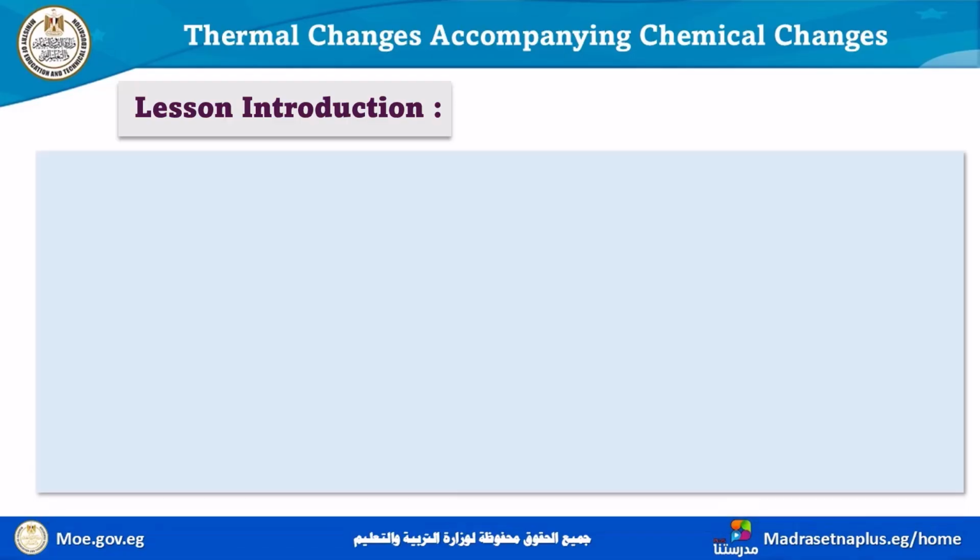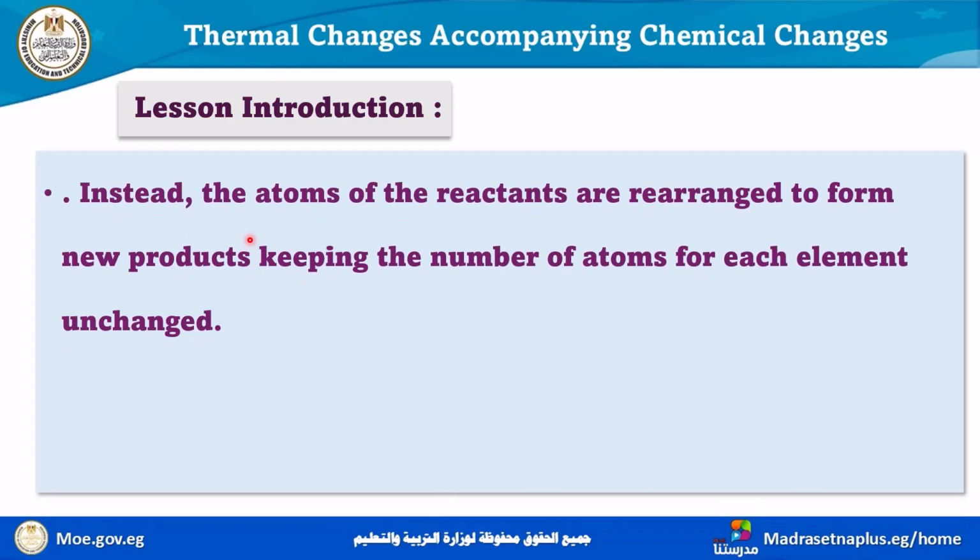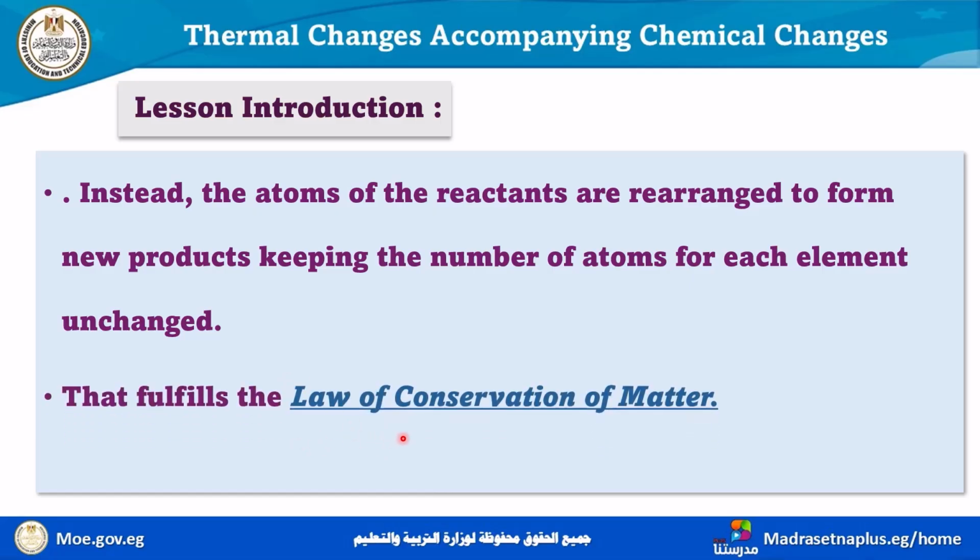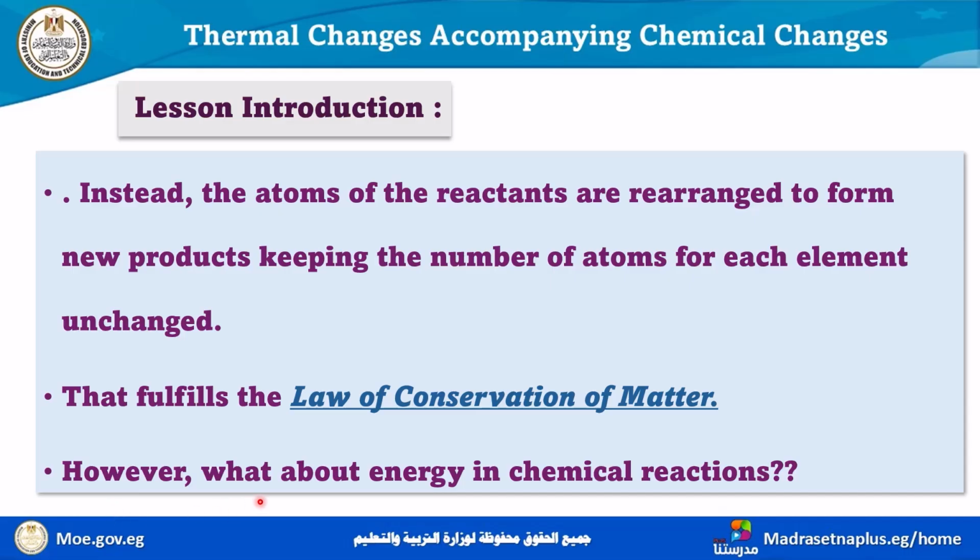So, the atoms of reactants are rearranged to form new products, keeping the number of atoms for each element unchanged, and that fulfills the law of conservation of matter. However, what about energy in chemical reactions? We are going to discuss and explore that in our lesson today.